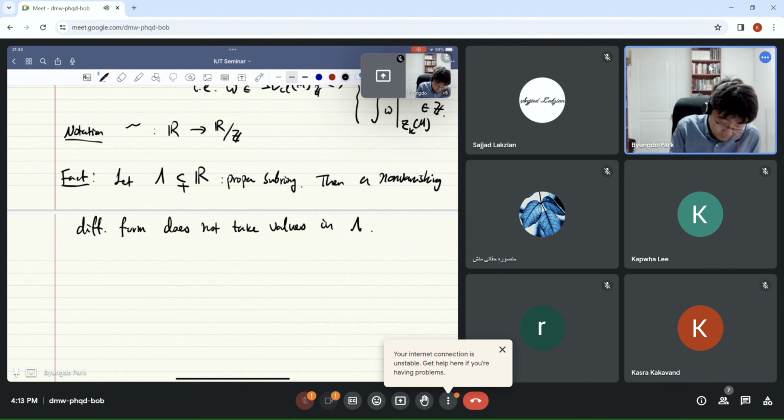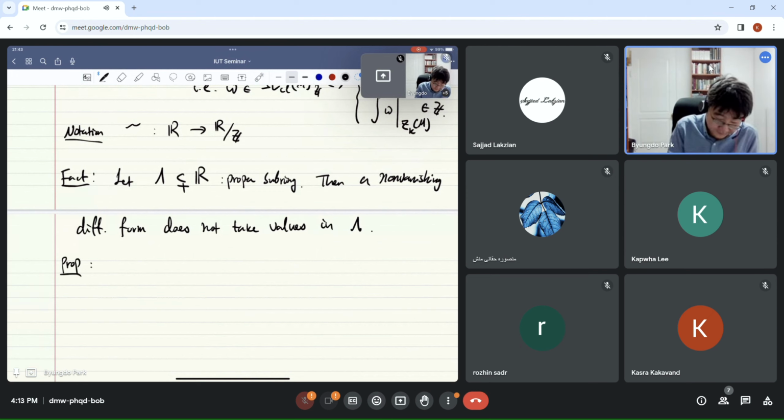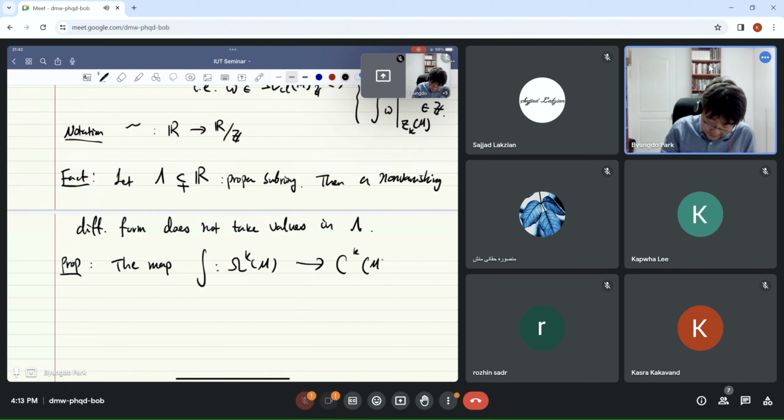And this is a fact that this map from differential k forms on M goes to C to the k with values in R mod C. So how do we define this map?